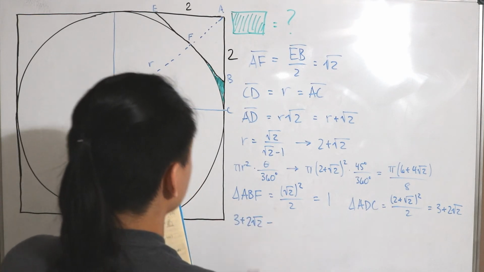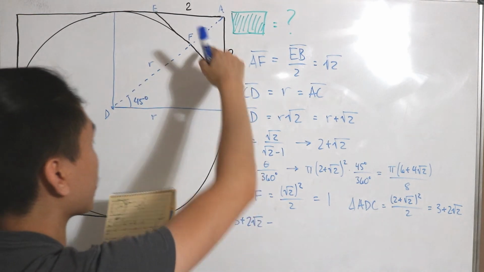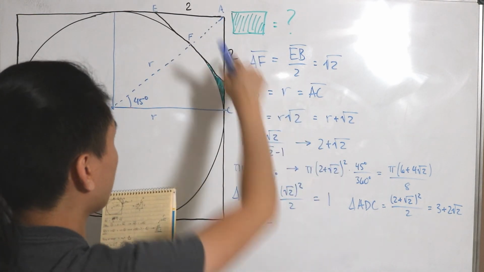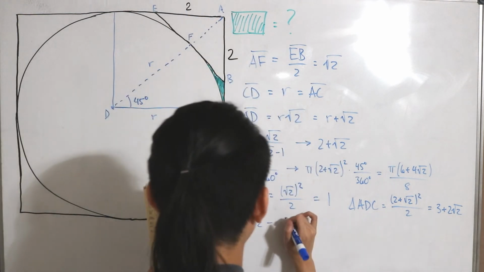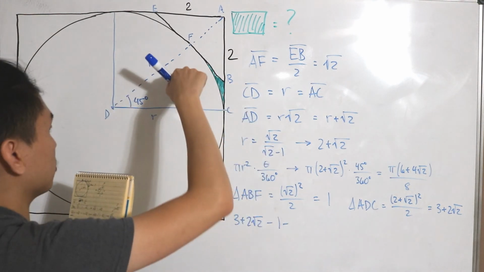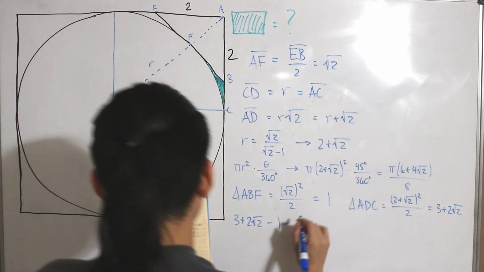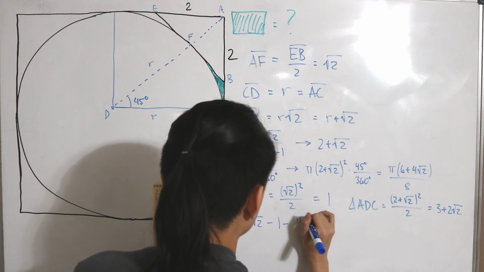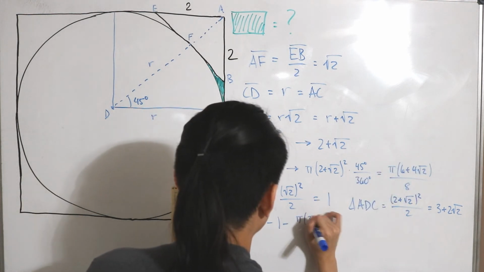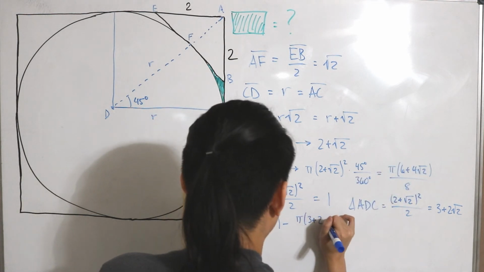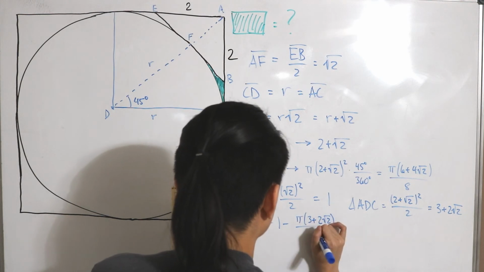Then we subtract the area of the triangle over here, ABF, which we said is 1. Then we subtract the sector that we just calculated the area of, which can be simplified to 3 plus 2 times the square root of 2, all divided by 4.